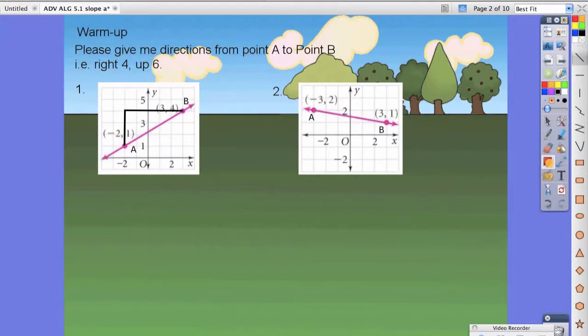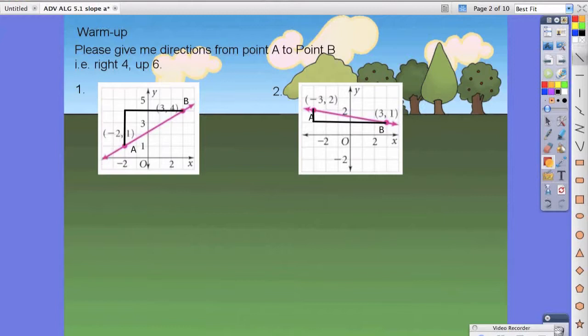Looking at the picture, we just gave it directions: up 3, right 5. Same thing for example 2. We're going to go down 1 and to the right 1, 2, 3, 4, 5, 6.